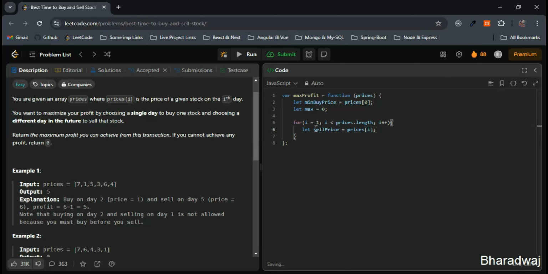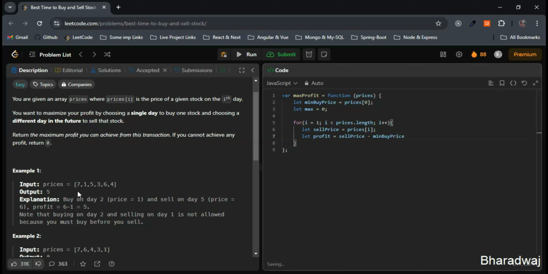Initially it will be 1, then 5, 3, 6, 4 as we go on iterating. Now let's calculate the profit if sold at the current price. The formula is sell price minus minimum buy price.